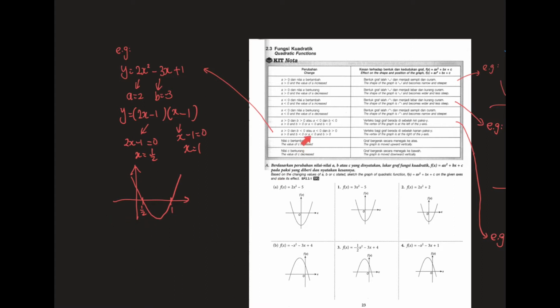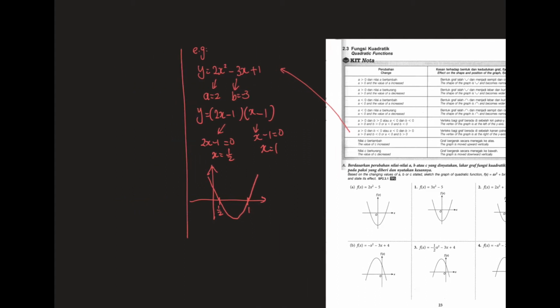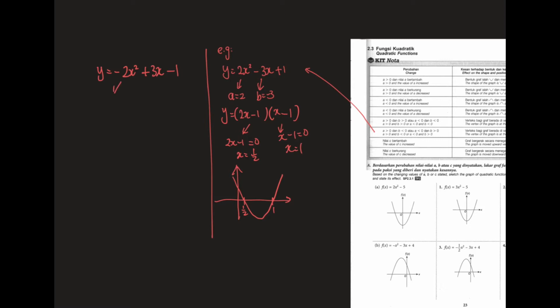Now A less than 0, B more than 0. This is another case. Okay, so let's create another example. Negative, positive, and let's say this is negative. Okay, so you can see A is less than 0, B is more than 0, and now we factorize it. Okay, factorize it.